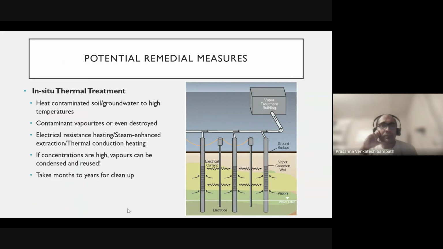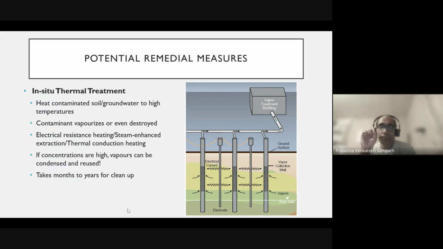The next method is called in situ thermal treatment. Now, it's very similar to the soil vapor extraction method. In this particular one, you place some kinds of electrodes which can actually heat up the soil in that particular region.